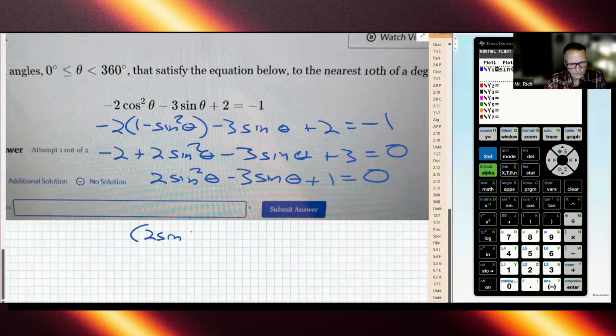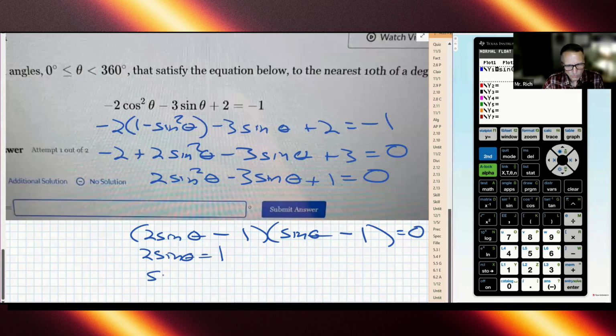So I'm going to go 2 sine theta as one binomial and sine theta as the other. And I believe this is minus 1 and minus 1, like that. That would give me a negative 3 sine theta. So that means I can set both of these factors equal to 0. So one of them is sine theta is 1/2. This one gives me sine theta is equal to 1.